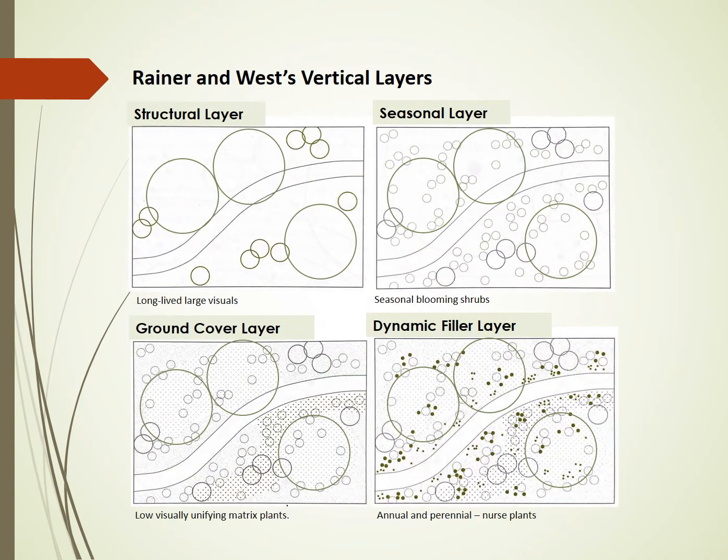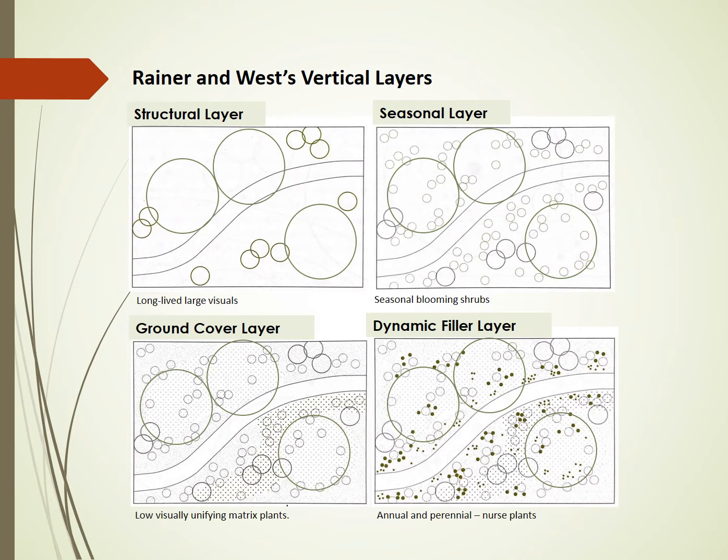The structural layer includes trees and shrubs, large shrubs, the largest visual elements, the space definers, located in groups or groves. Next is the seasonal layer of mid-sized shrubs and/or perennials that flower or otherwise change during the year. The next layer down is the ground cover layer, which contains low, visually unifying plants and ground-holding plants.